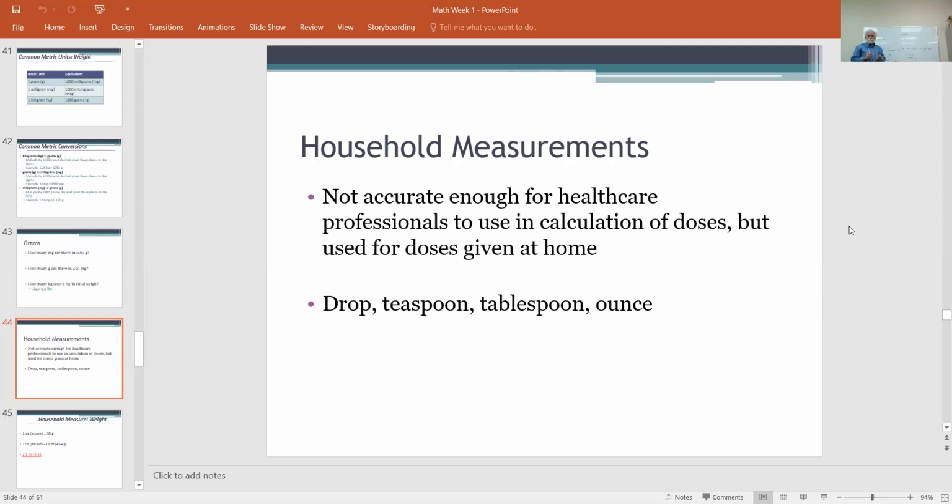Okay, makes sense? Right. So that's the only place we're going to use that conversion, converting pounds to kilograms, and you always divide by 2.2.